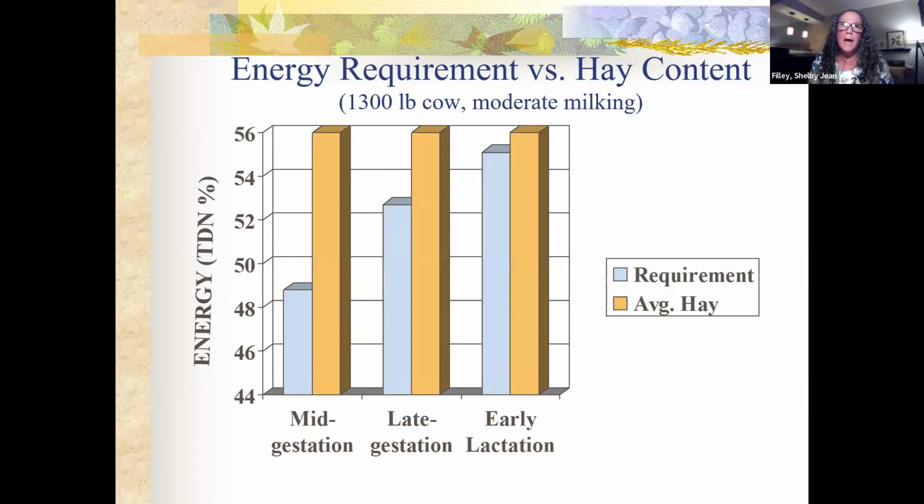So the grass hay actually has some decent energy to it. It will lack the protein for this cow at least. And then if you're feeding a little alfalfa hay, sometimes that can have a higher energy content than the grass hays that we have.